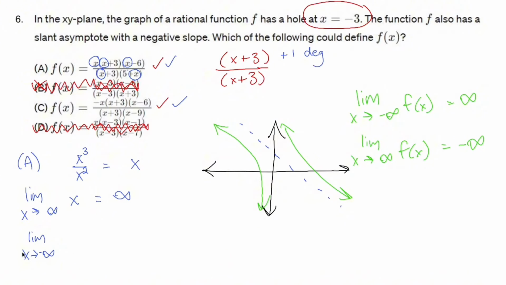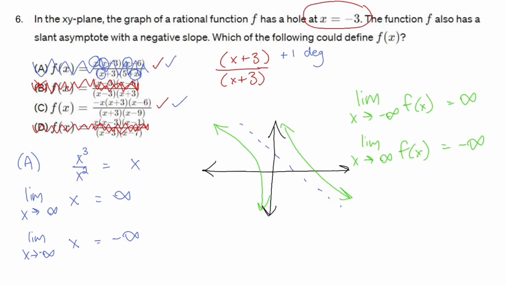And if I'm finding the limit as x approaches negative infinity of x, I'm, air quotes again, plugging in negative infinity for x, and that gives you negative infinity. So with A, the limit as x approaches infinity is infinity. That's the opposite of this. So that is a positive slant asymptote. I don't want A. A is not going to do it.